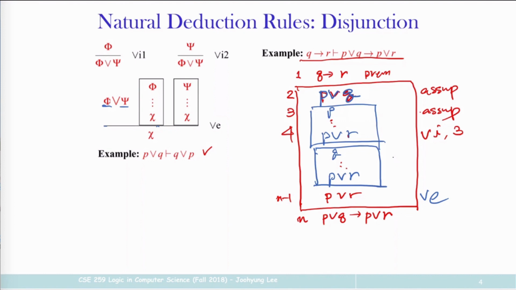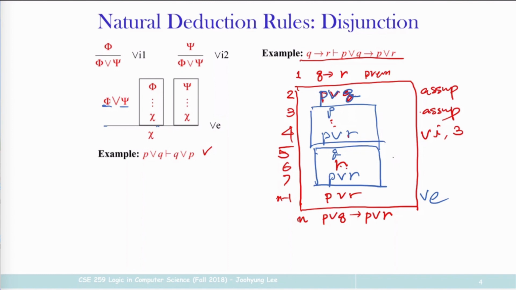Yes, we have to use line 1 and line 5 together. Line 5 says Q, line 1 says Q implies R. Using this implication elimination rule, what do you get? You get R. So in line 6, you get R. Now once you get R, then you can get P or R, right? Which rule?